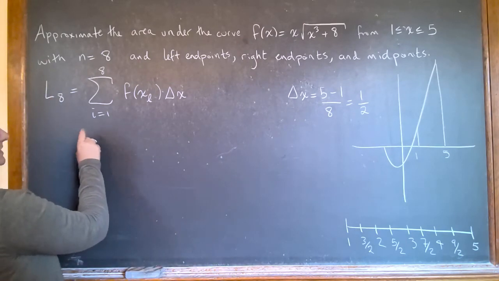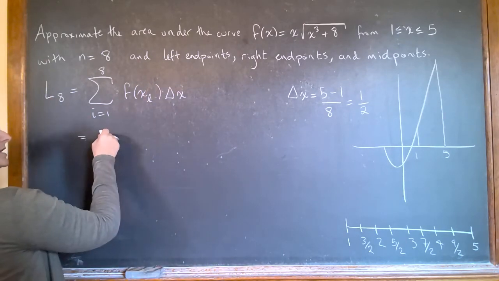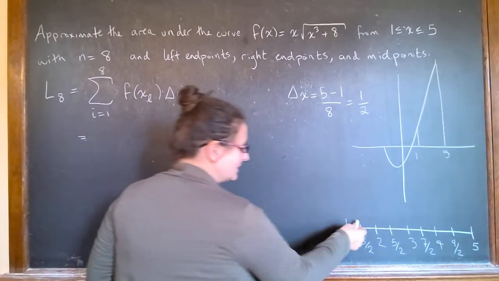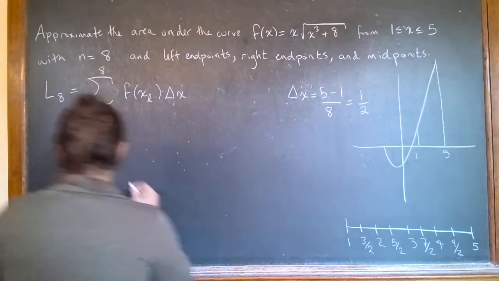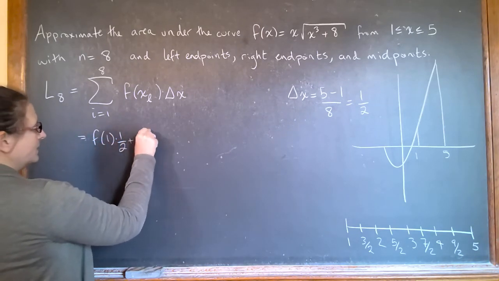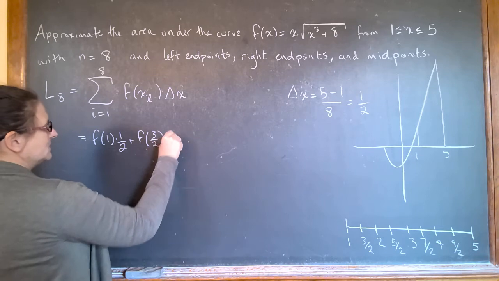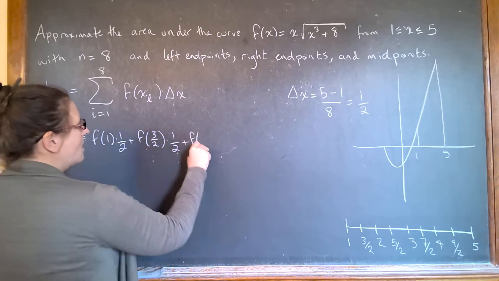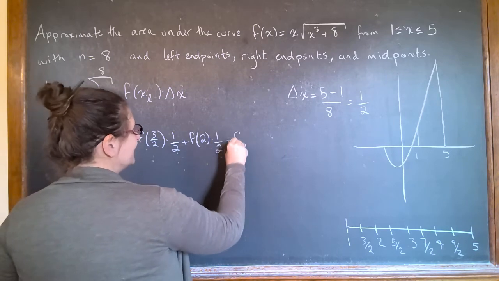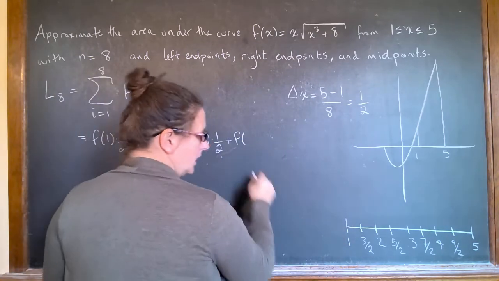So really what this is, I'm going to now do the left endpoint. For each of these little intervals, I'm going to start from the left. So I'm going to have f of 1 times 1/2 plus f of 3 halves times 1/2. And I'm going to write it all out so that we get an idea of what we're doing.